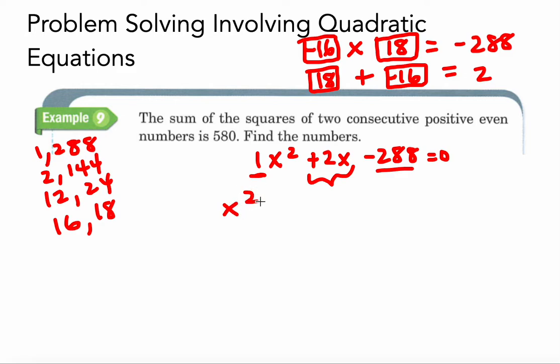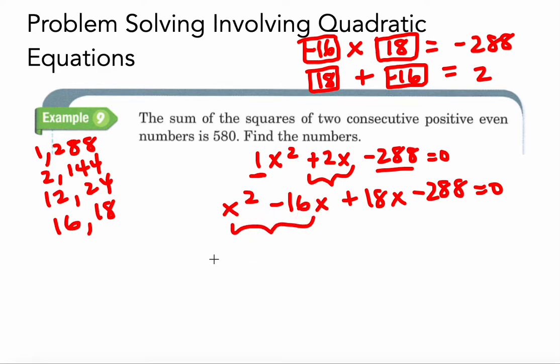So this is x squared minus 16x plus 18x minus 288 equals 0. Let's see. Could try to put those two together and these two together.